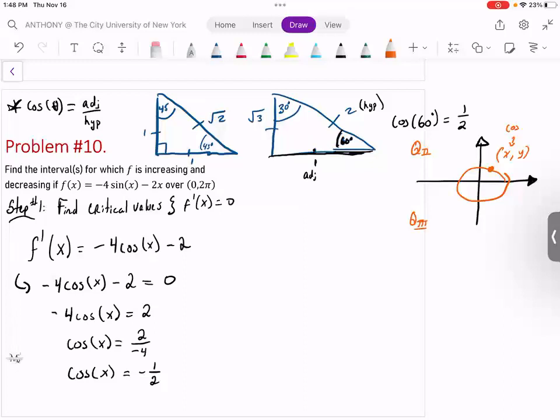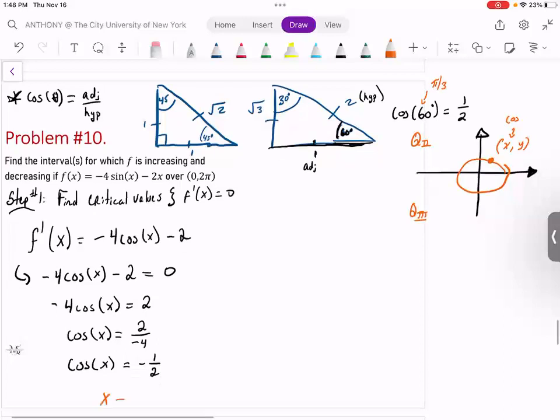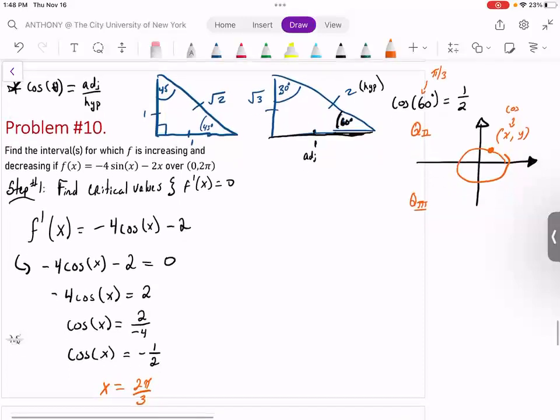So that will be 120 degrees. But if you think about it, 60 degrees, by the way, is pi over 3. So in quadrant 2, one of our solutions here would be x equals 2 pi over 3. 2 pi over 3 is the same thing as 120.